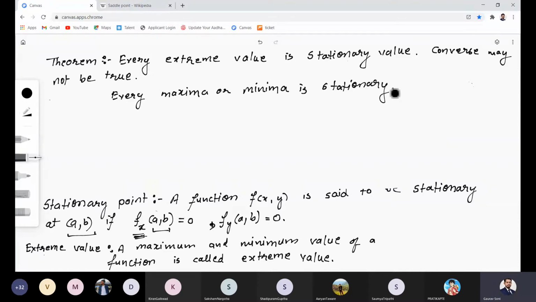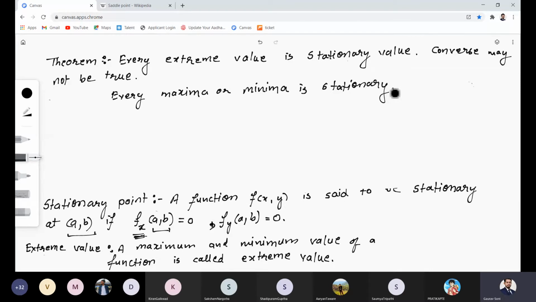So one way this is true: if at some point you have an extreme value, then that point has to be stationary. But the next statement says the converse may not be true, which means that if some point is stationary, then it may or may not give you the maxima or minima.